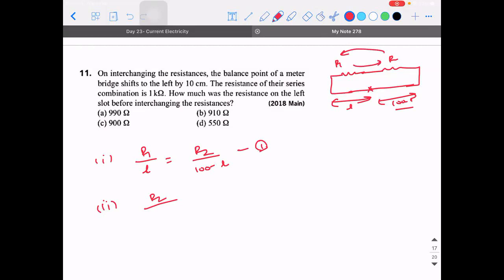So R2 divided by (L minus 10) is equal to R1 divided by (100 minus L).